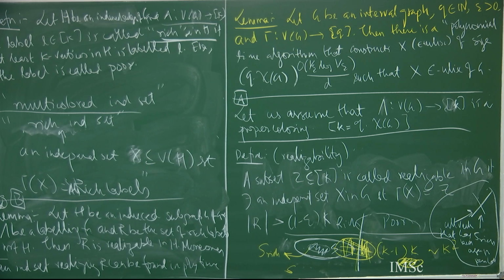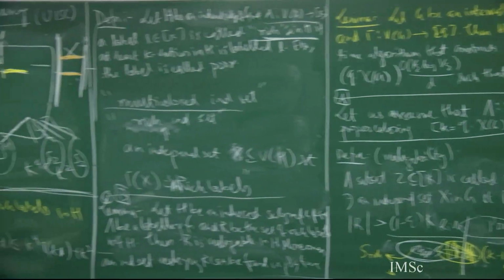Now suppose the number of rich labels here is like 1, even from S1 I am able to cover at least 1 minus epsilon fraction of S1 that remains a rich label. For example, if a 1 minus epsilon fraction of S1 remains a rich label here, at any point of time, then I am already done.